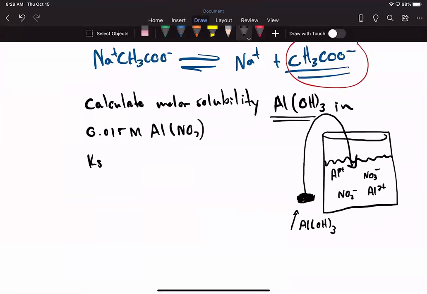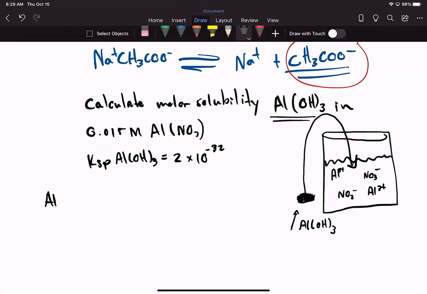So our KSP of aluminum hydroxide is equal to 2 times 10 to the minus 32. All right, and let's write our reaction for how this is going to dissolve.